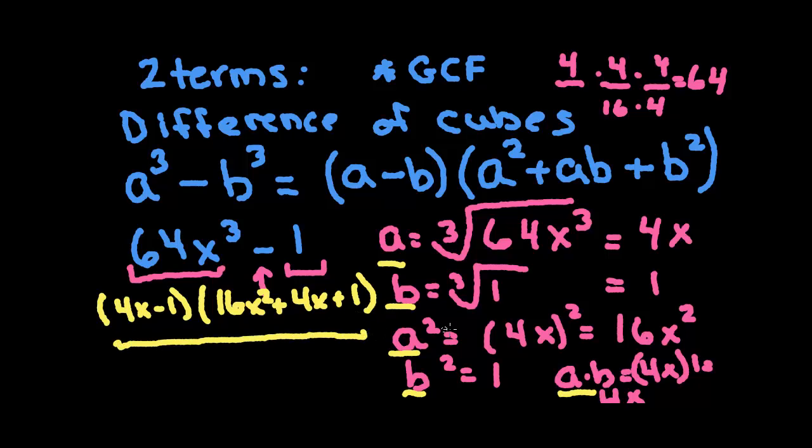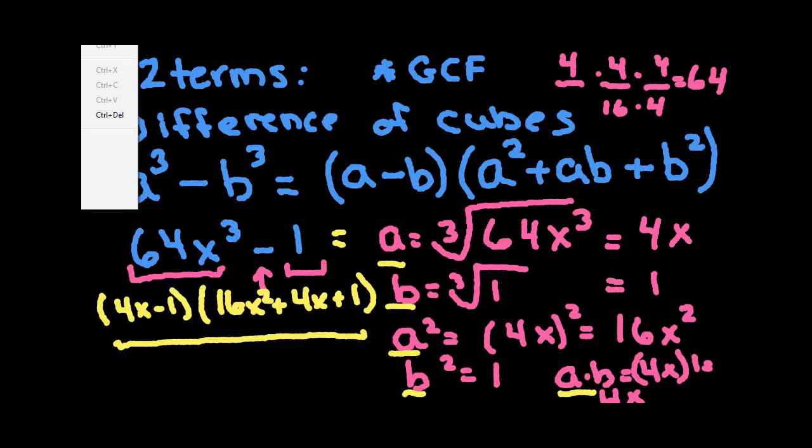So this is what 64x to the third minus 1 factors into. All right, let's go on to our next example.